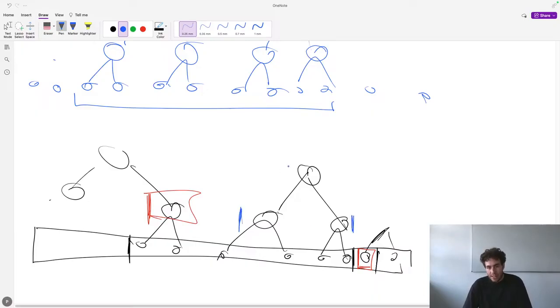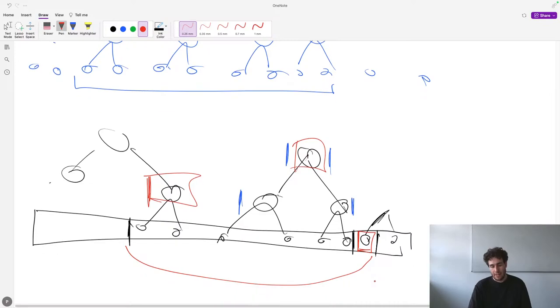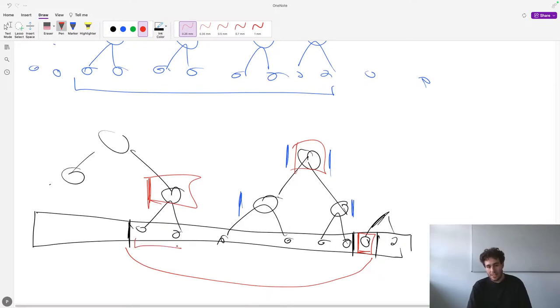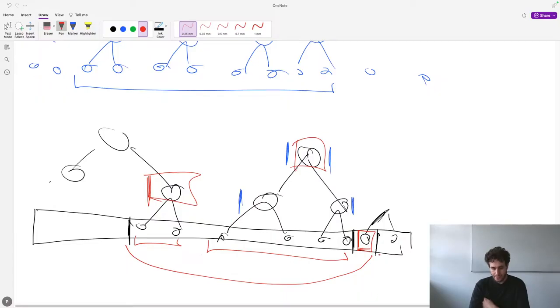And now from here I can go up, and now I only have one element, and I take this one element. And if you look at these red things that I took, and you look at the leaves that they have in the last level, they exactly cover the whole segment that I had. So this one covers these two elements, this one covers these four elements, and this one covers one.